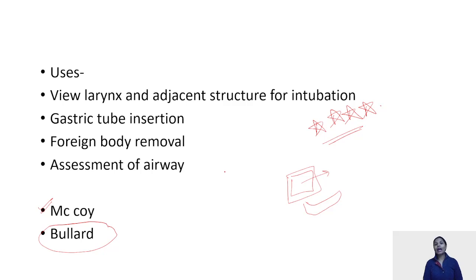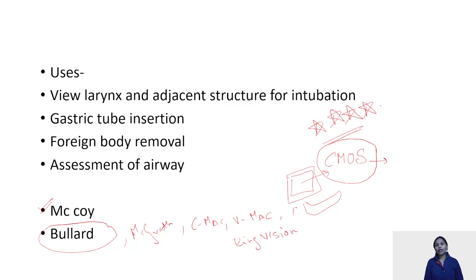The principle behind the video laryngoscope is the use of complementary metal oxide semiconductors. You have Bullard, we have McGrath, then we have CMAC or VMAC, King's Vision. These are the various types of video laryngoscopes.